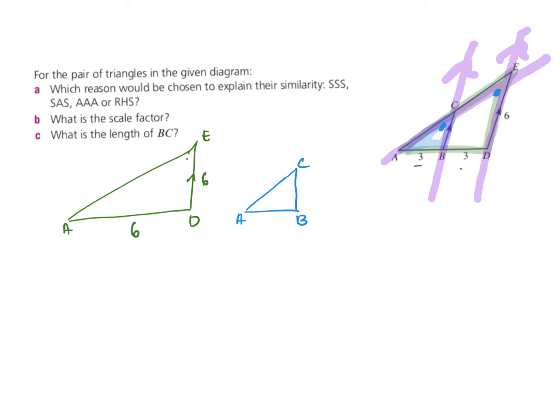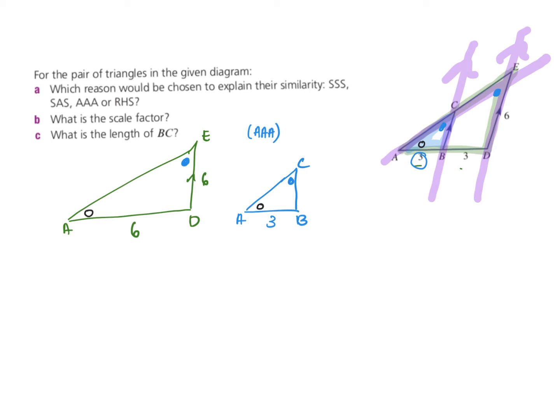Don't they both share this angle too? Yes, they do. And this one's 3. So I know that they are equal, because of angle, angle, angle. We've only got one side, so let's just say angle, angle, angle.